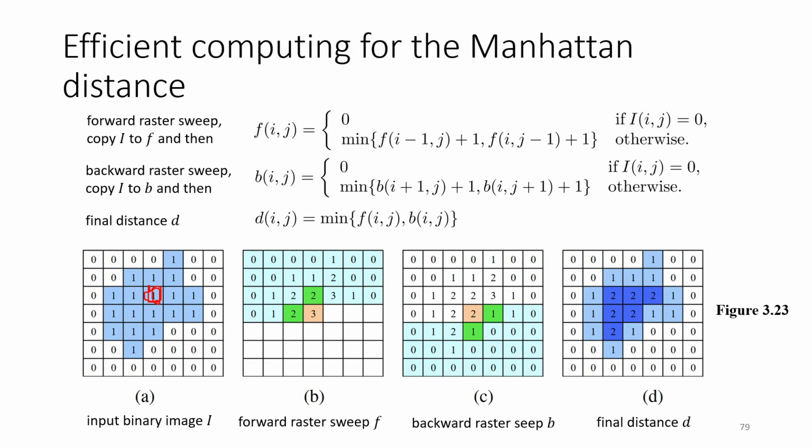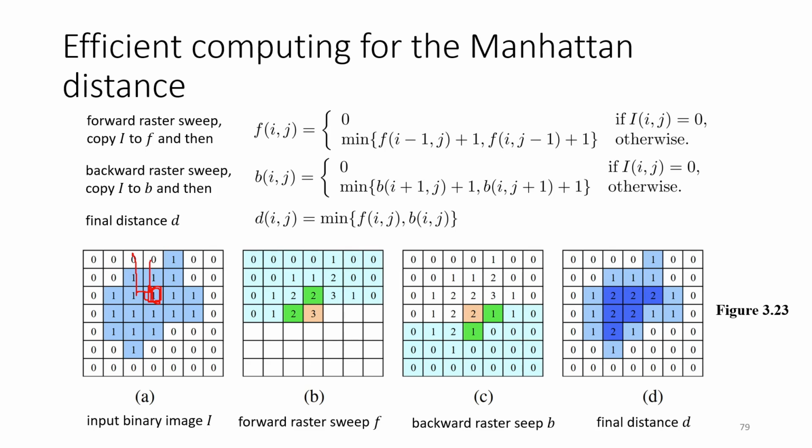So for this one, it will take one step, two steps to this pixel, so the value should be 2. Otherwise, if we go to here, it takes 1 step, 2 steps, 3 steps. So for this pixel, the distance should be 2.